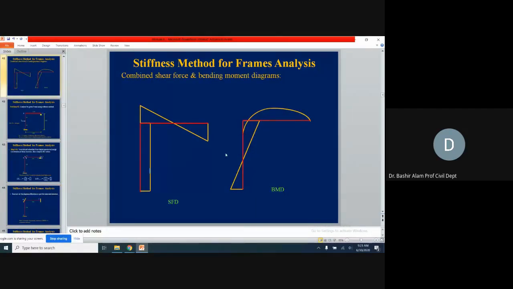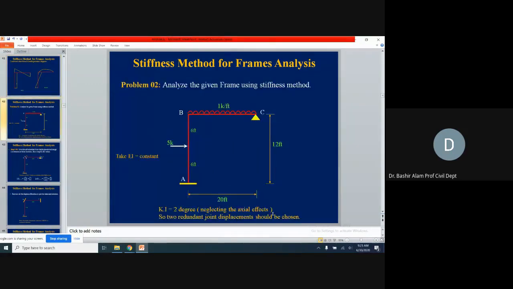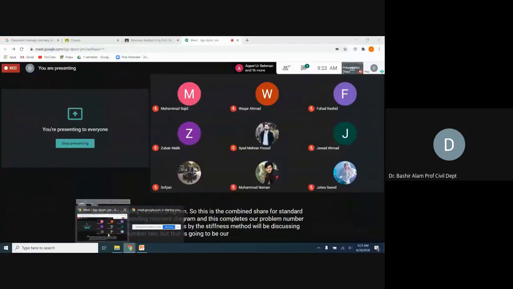So this is the combined shear force diagram and combined bending moment diagram. And this completes our problem number 1 for frames without sway by the stiffness method. We'll be discussing problem number 2 after the break.